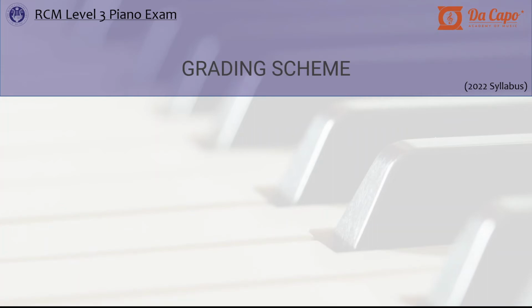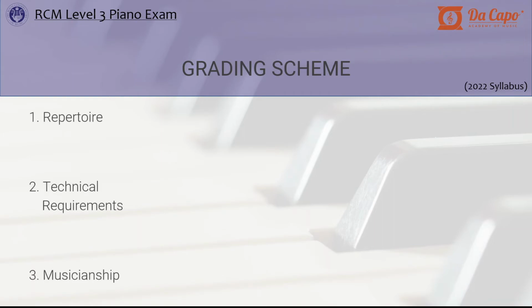Now let's talk about the grading scheme. Actually, the grading scheme is exactly the same as we had for the previous level, even though we do have 2 etudes here, but their total mark is still exactly the same. So let's just break this down again to review. For the repertoire, that's our biggest section, 56 marks in total, and this is how they are broken down. 16 for list A, 18 for list B, and 16 for list C, and 6 marks total for memorization.